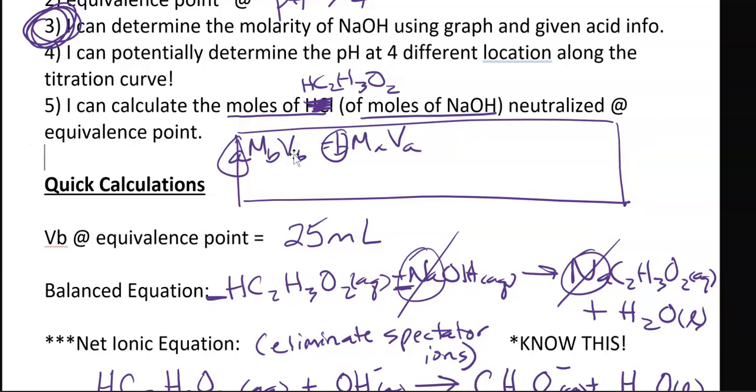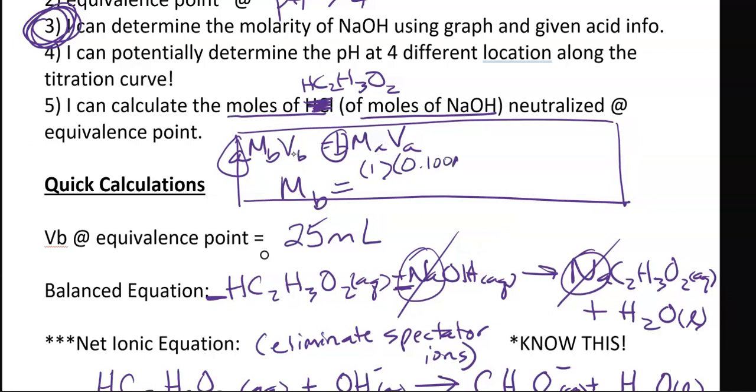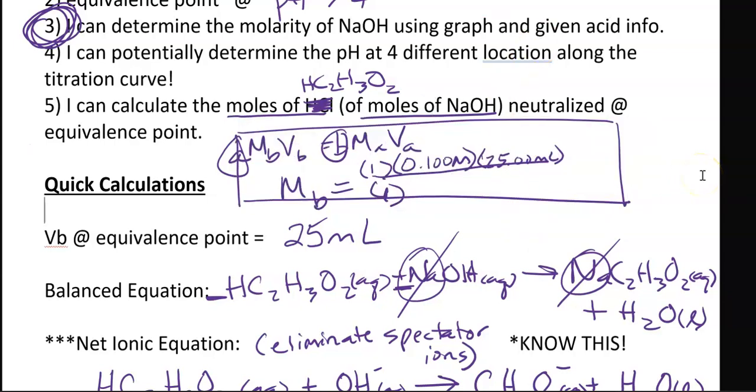So I'm just going to rearrange this and solve for molarity of base. So if I do that, the molarity of base is equal to 1, that's the coefficient of the base, that's B, times the molarity of the acid, which is 0.100 molar, times the volume of the acid, which is 25.00 milliliters, divided by 1, which is the coefficient in front of the acid, and then times 25.00 milliliters, which is the volume of the base, which we used at the equivalence point.